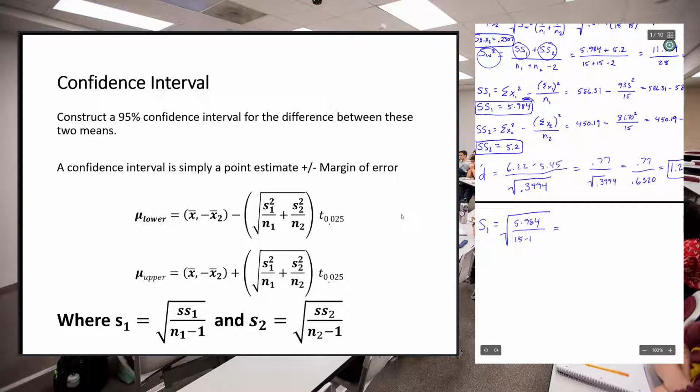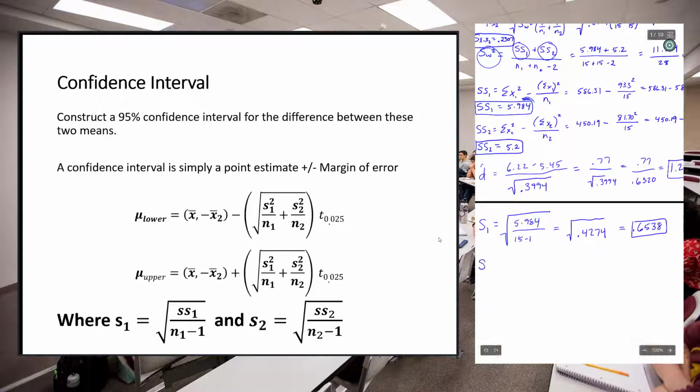So this is going to be equal to the square root of 0.4274, and that is equal to 0.6538. So we have a standard deviation for our sample of 0.6538.